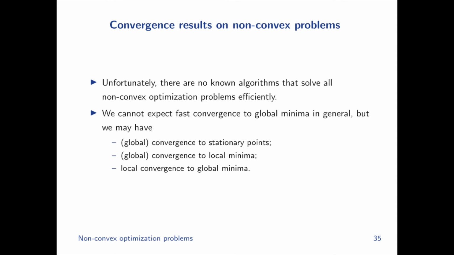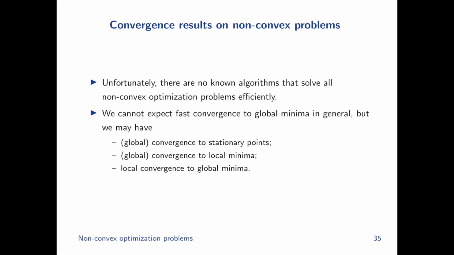The latter one is actually not really that different from a lot of the convergence analysis that we've seen before. What you do is you restrict yourself to a neighborhood of the local minimum, and as long as this objective function locally in this neighborhood is strongly convex and strongly smooth, you will get the same type of convergence behavior as you saw before in the convex case, as long as you initialize within this neighborhood.